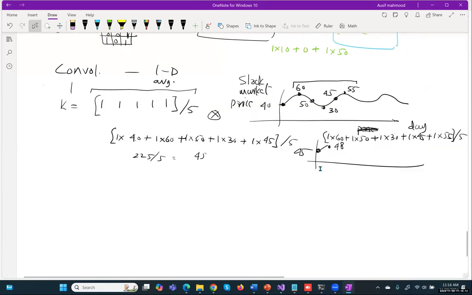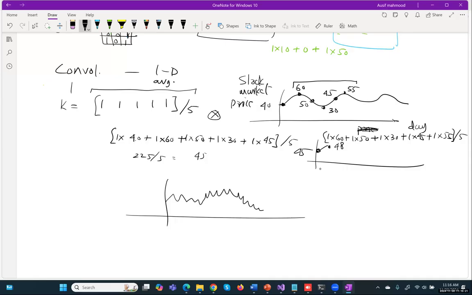So the question is, what is it doing, right? If you try this out on real data, let stock prices move up and down every day. If we use a kernel like this, we refer to this as a moving average kernel, because all it's doing is taking the average, then sliding. That's why we call it the moving average kernel.